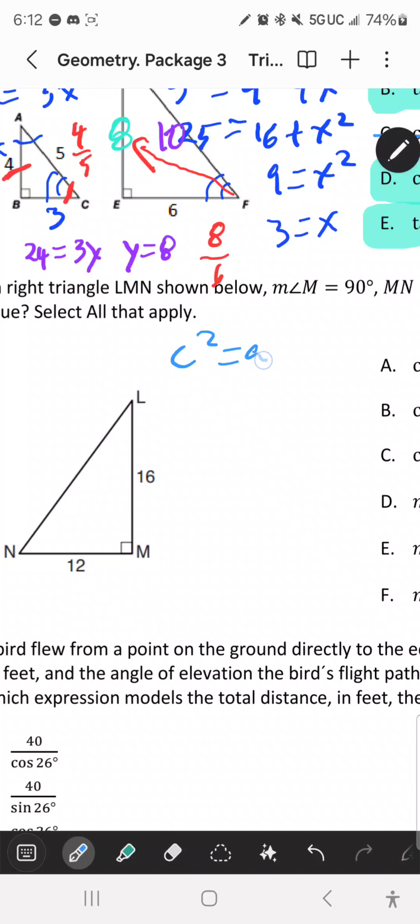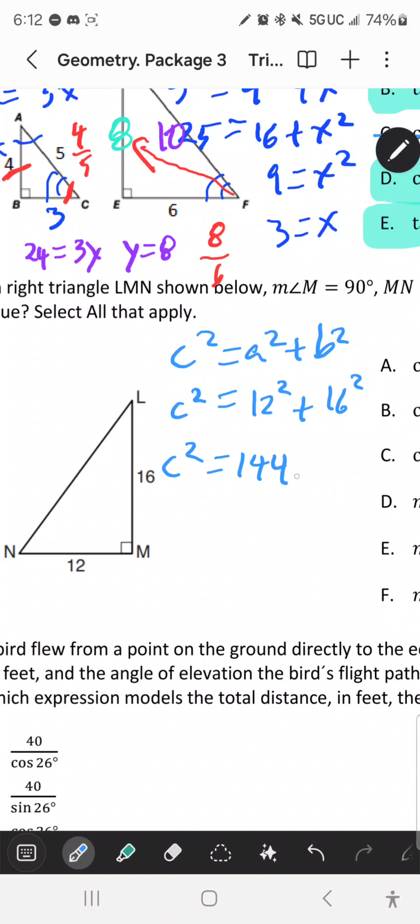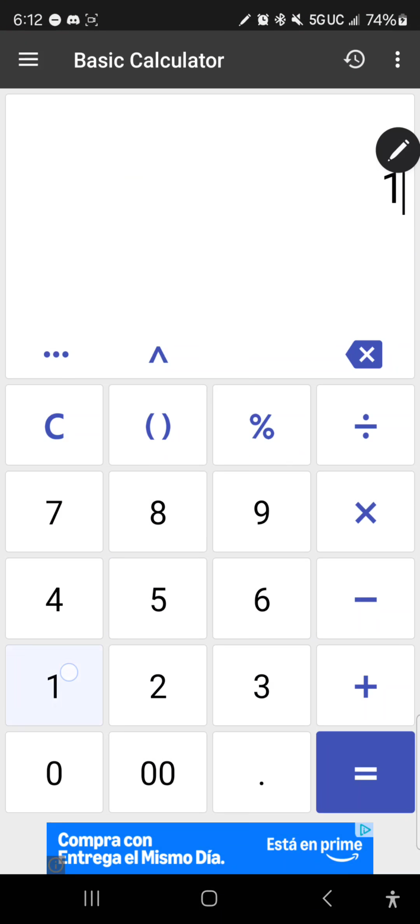So, c squared equals a squared plus b squared. So c squared, that's the one we don't know, is going to be a squared, which could be 12 squared, plus b squared, 16 squared. So c squared equals 144 plus 256. Okay, let's go to the calculator.